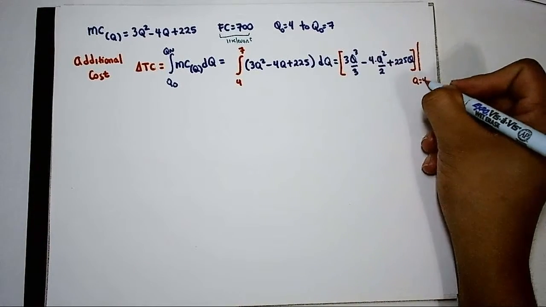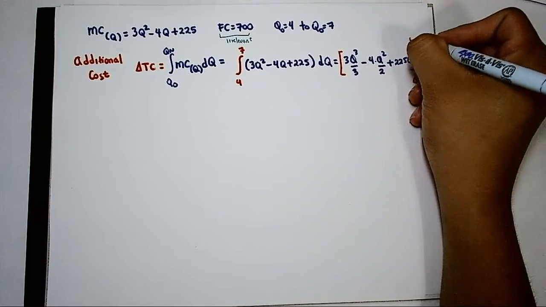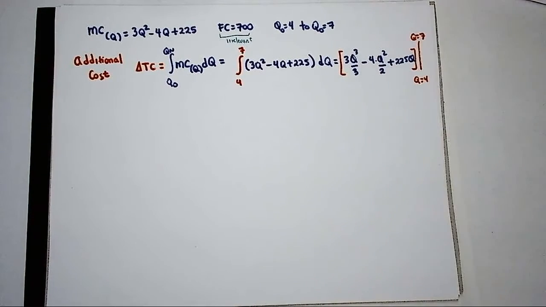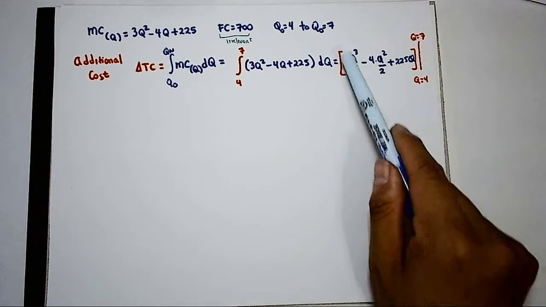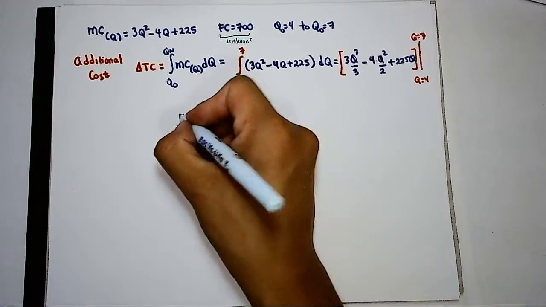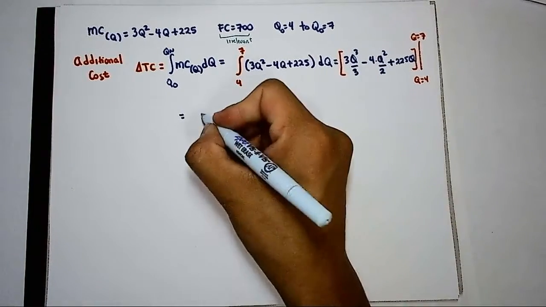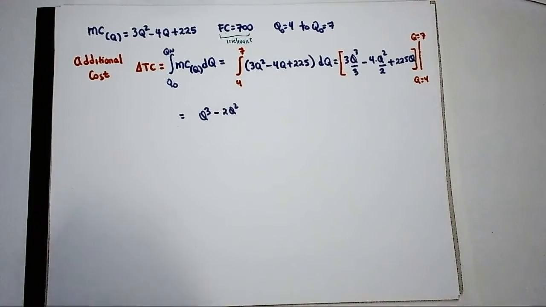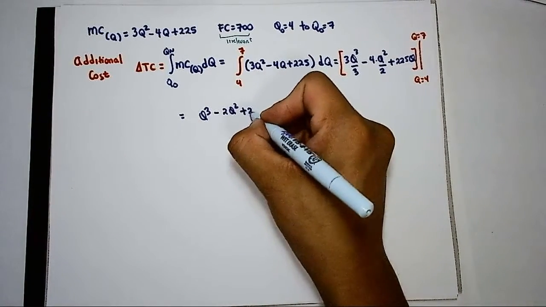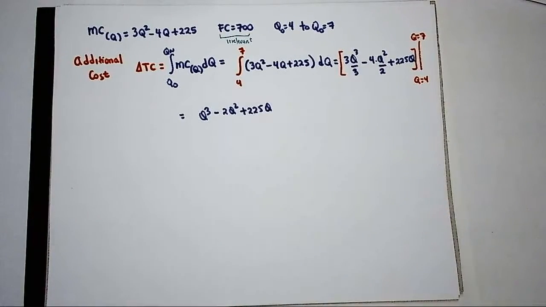And this goes from 4 to 7. Before we proceed with this computation, let's simplify a little bit. This is going to be q to the third minus 2q squared plus 225q.